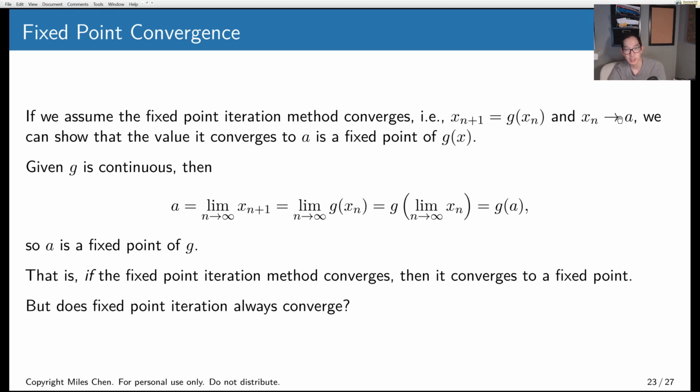By definition, if we assume x_n converges to a, then where it converges to is going to be the fixed point. So if the fixed point iteration converges, then it converges to a fixed point.